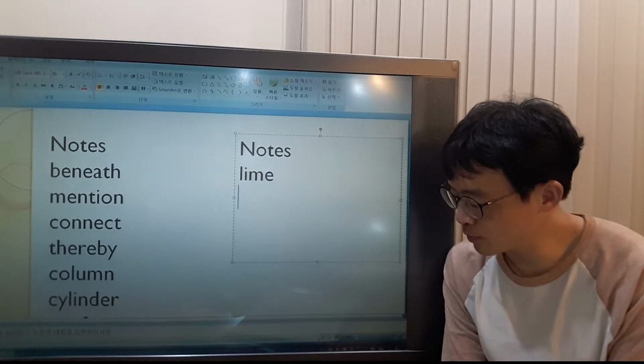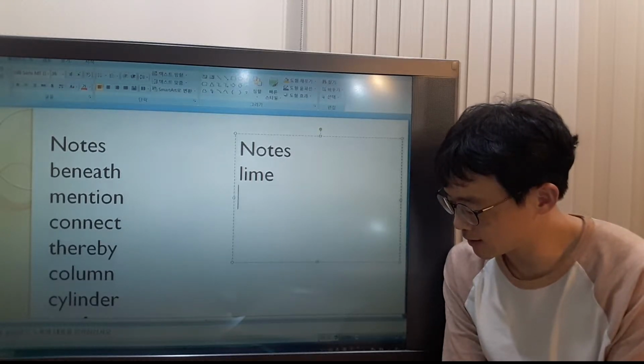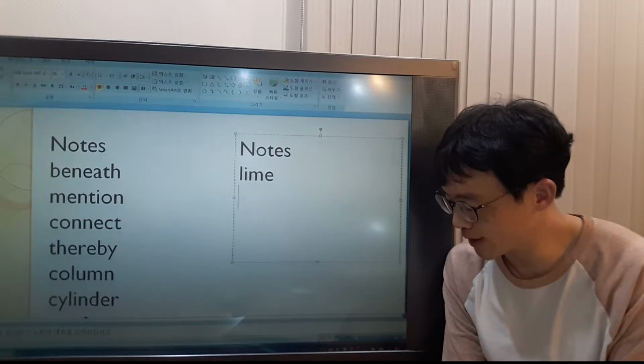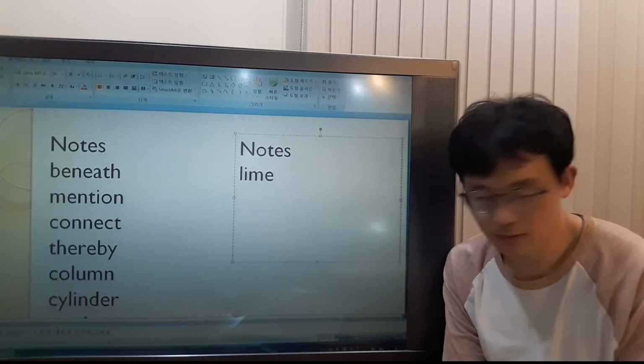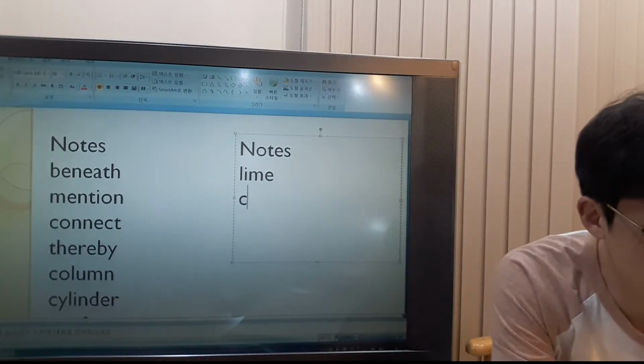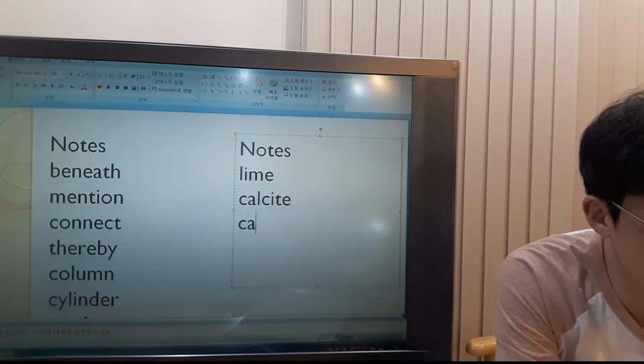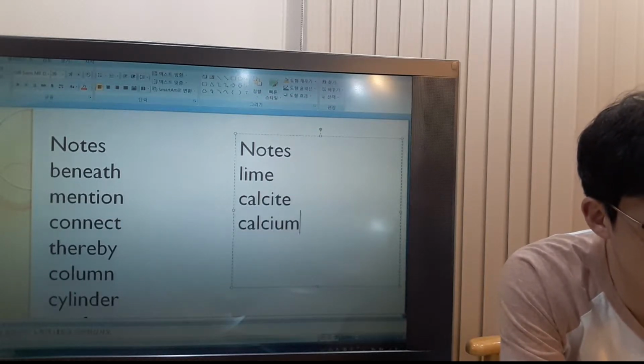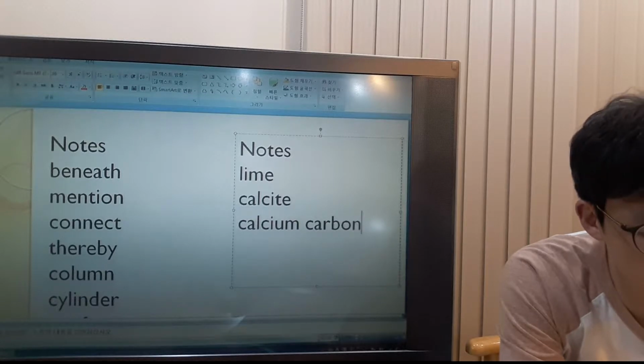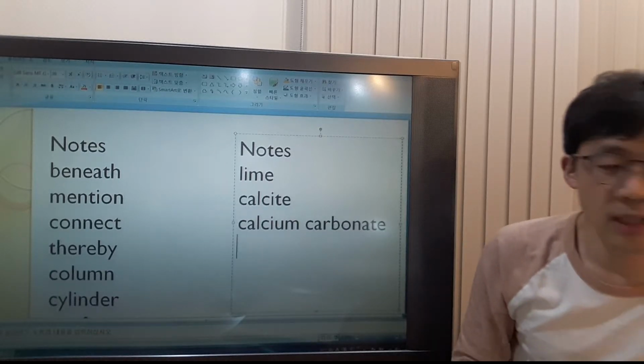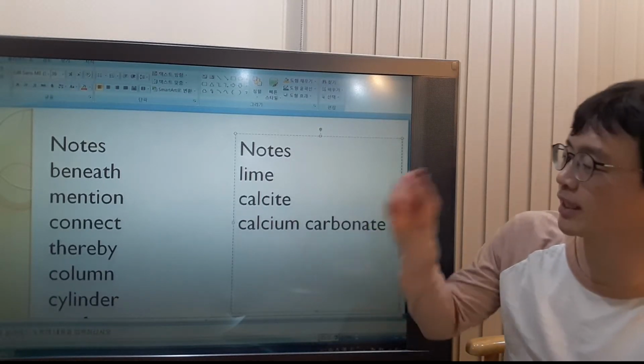They are formed mostly of calcite, which we also know as calcium carbonate. Calcite, calcium carbonate. Okay. Calcium, what is calcium?